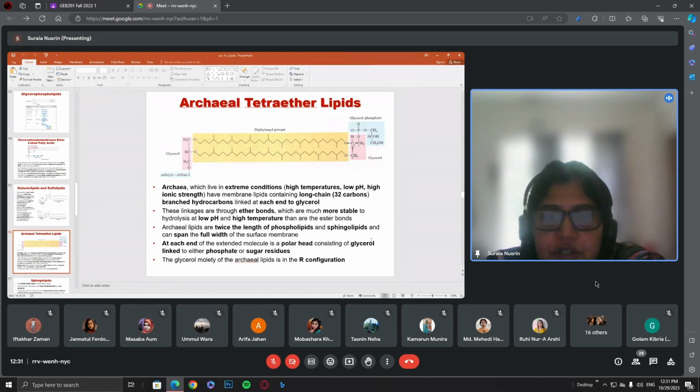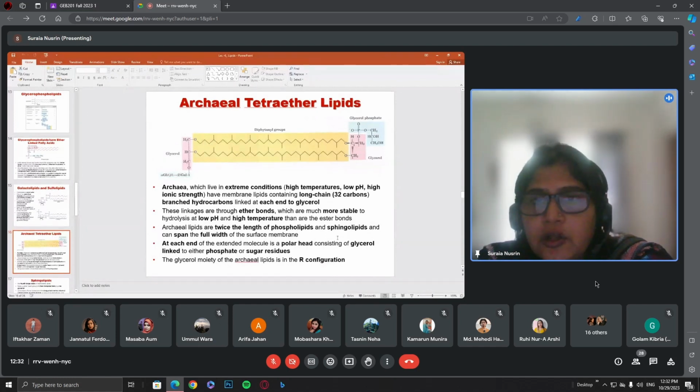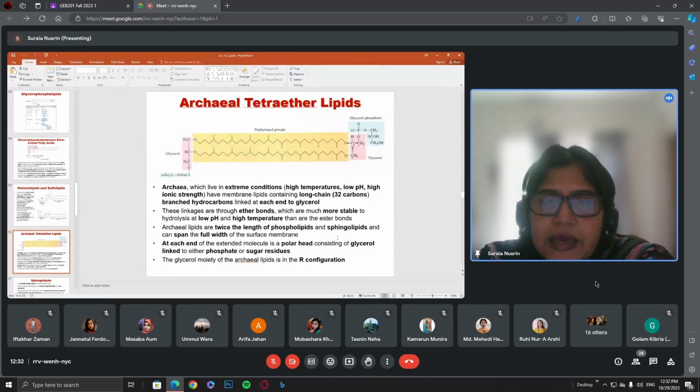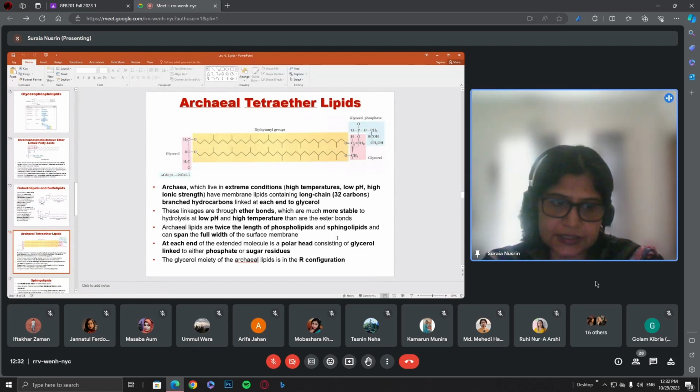Another important feature, these glycerol moieties are usually present in R configuration, so they have different configurations than the glycerol present in the normal glycerophospholipids. These are the features of the ether lipids, and they belong to the membrane of the archaea, and because of these lipids the archaea is able to live in extreme conditions. Is it clear? Yes, ma'am.